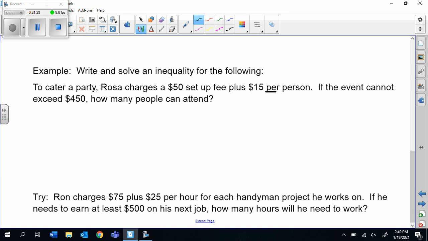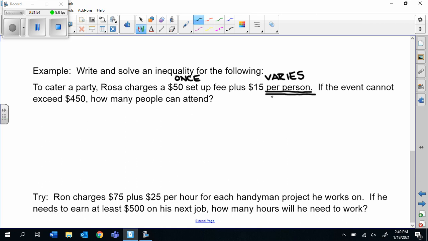Whenever you have a per or an each or an every, it depends on how many people are going to come. So this is known as a variable expense. And this setup fee is usually a one-time fee, so this happens once, where this piece right here varies depending on the number of people.